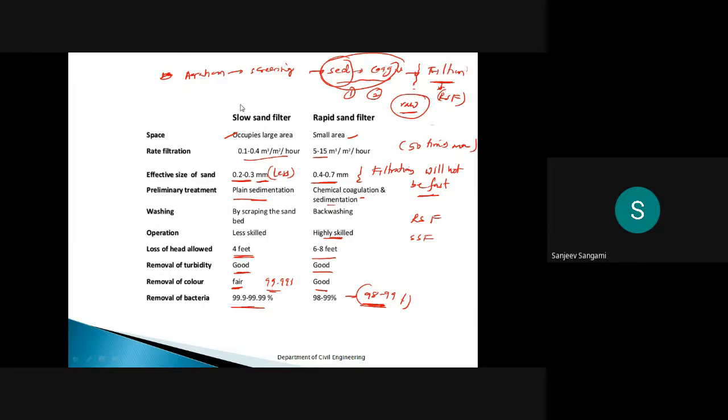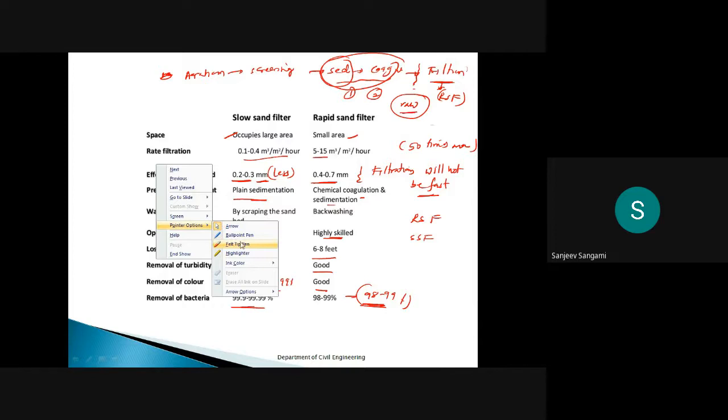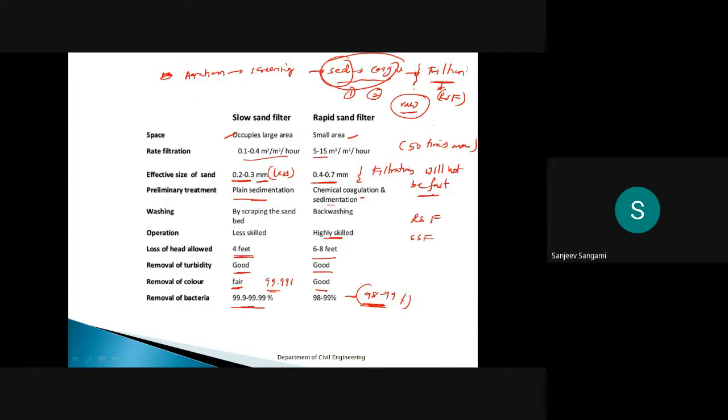Of course, when it comes to space requirements, slow sand filtration occupies a large area, while rapid sand filtration occupies a small area. As the name indicates, the rate of filtration is very low in a slow sand filter. In a rapid sand filter, it is more.